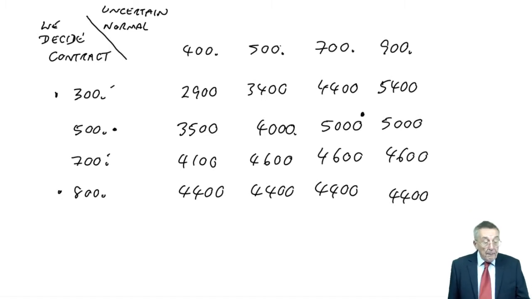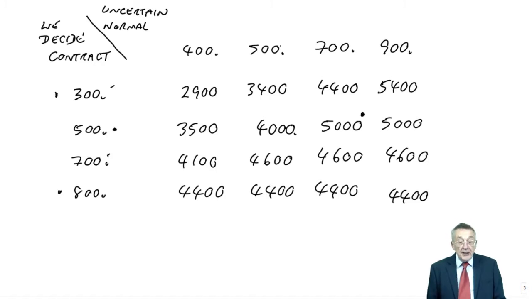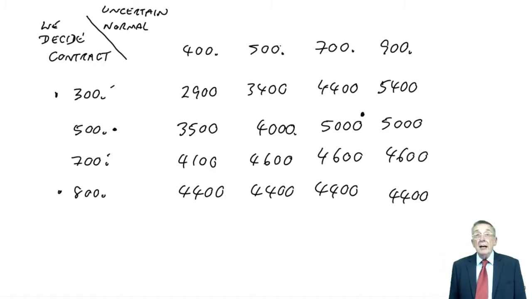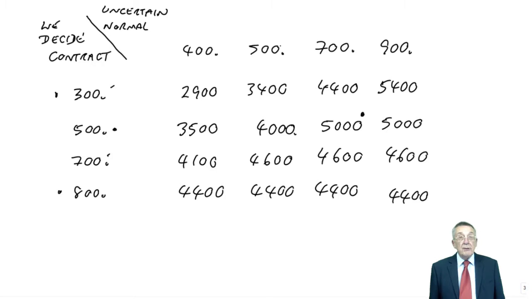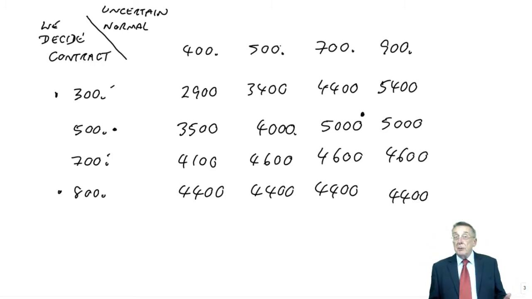And there are four. If you look at part B, I'll do them in the order there: expected value, maximin, maximax, and minimax regret. So I'll work through each in turn and make the decision using each of the four rules. The first way, which I already showed you with my little simple example earlier, is expected value.